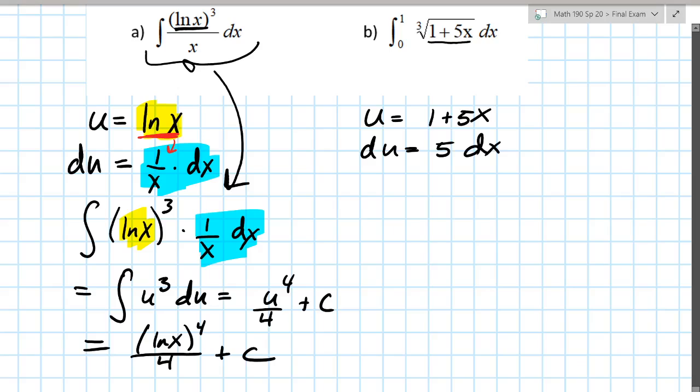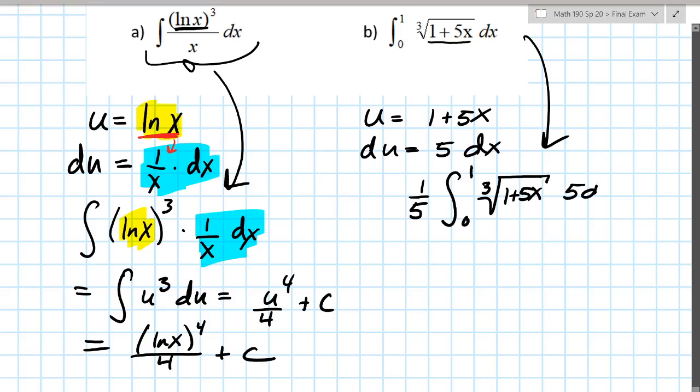Now I see dx in my problem, but I don't see 5. So what I'm going to do when I rewrite this again, I'm going to divide by 5 and multiply by 5 so that I have 1/5 times the cube root of 1 plus 5x, close that cube root, 5 dx.